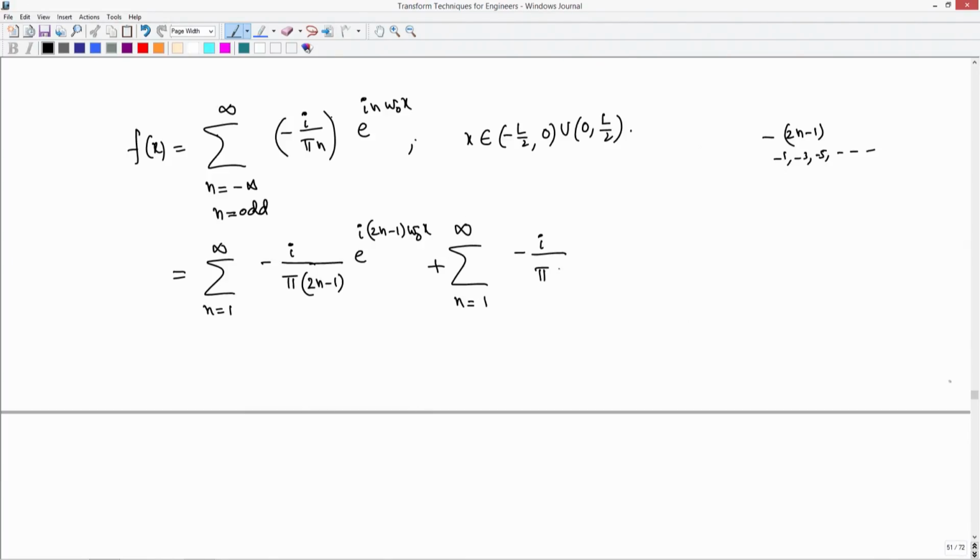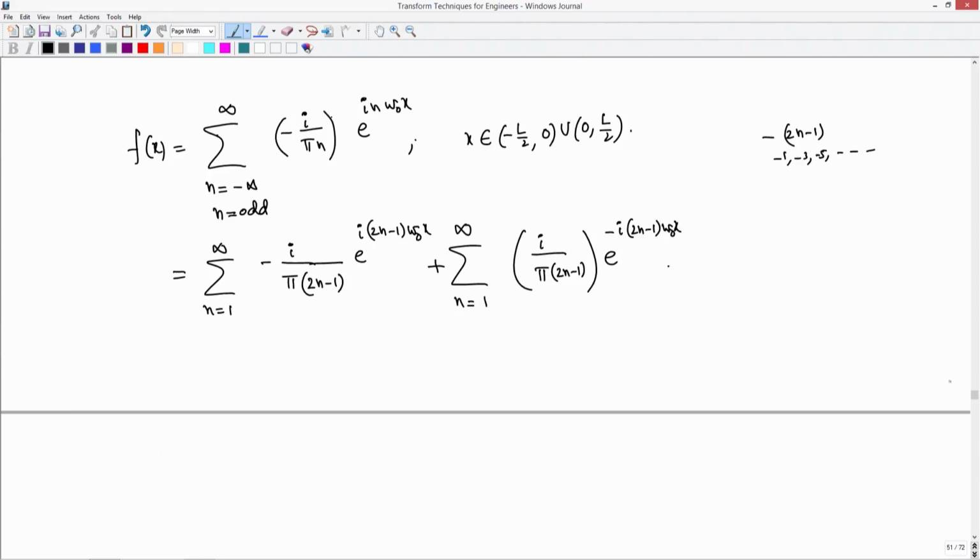So, if I replace n by minus of 2n minus 1, we get minus plus I divided by pi times this, e power minus I 2n minus 1 omega naught x.